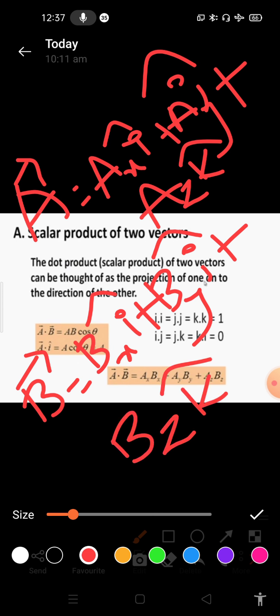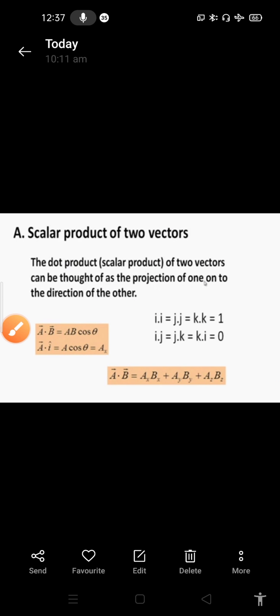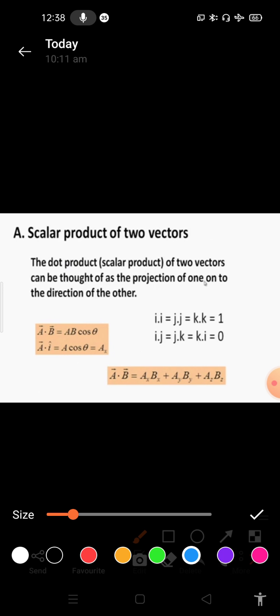So these are the two vectors I have taken. Then the dot product between these two vectors is written as a bar dot b bar, which is equal to what?